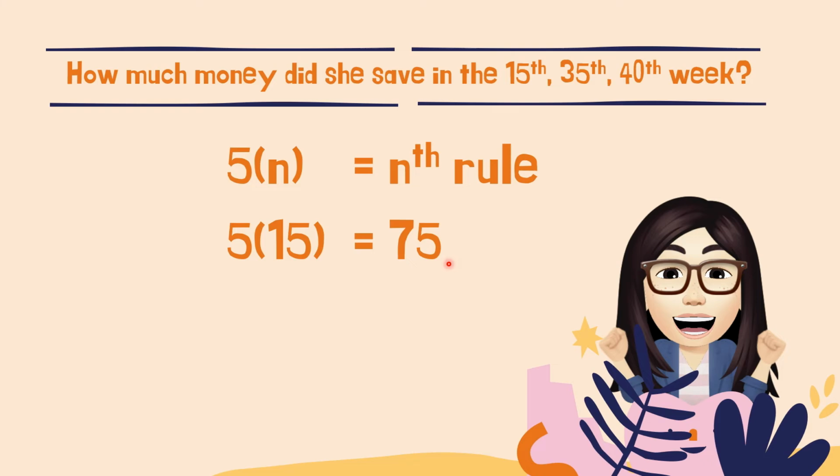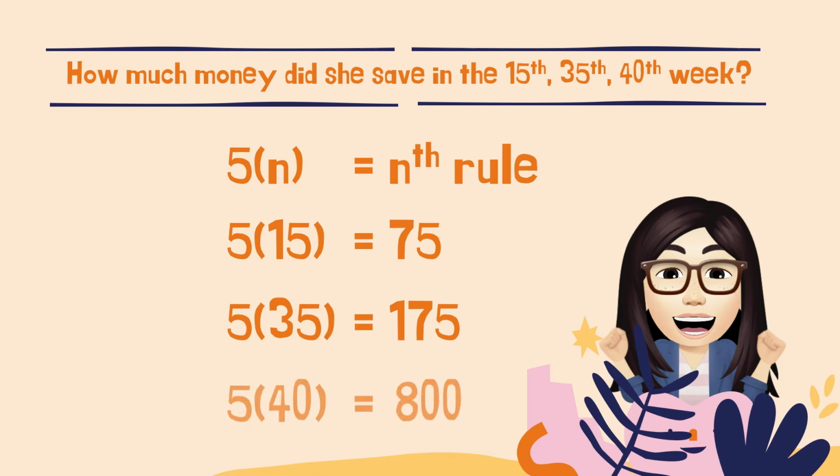How about in the 35th week? We are going to replace n by 35. 5 times 35 is 175. How about in the 40th week? Let us replace n by 40. 5 times 40 is equal to 800.